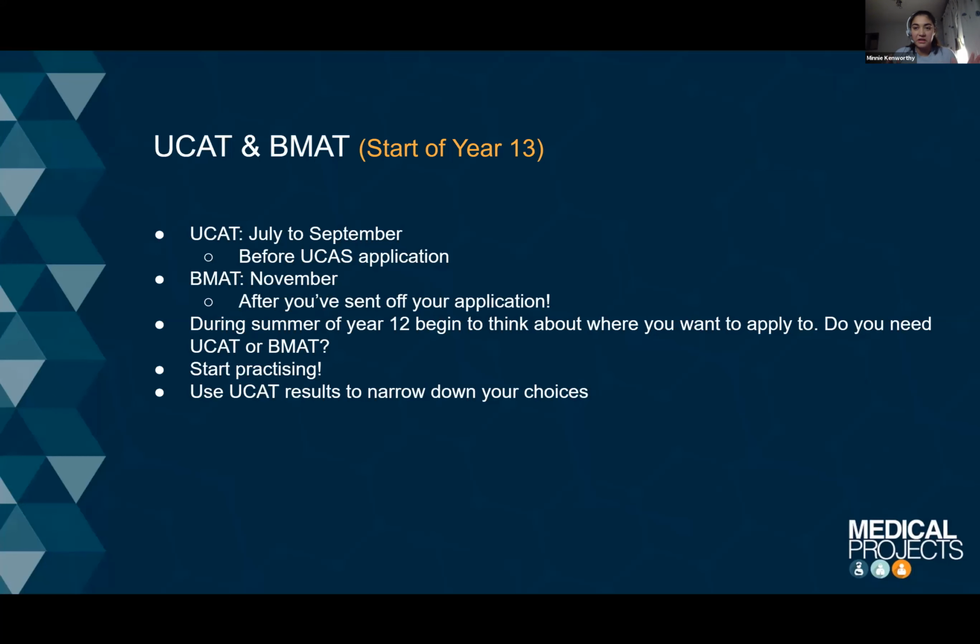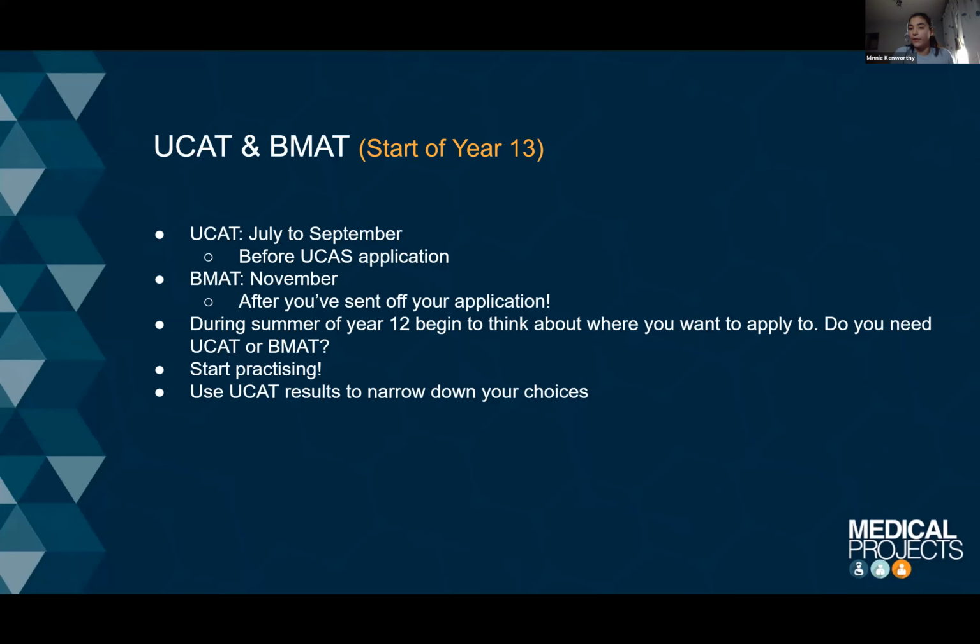So see which medical schools accept which exam, and which exam you need for each. The thing to think about as well is that UCAT, it used to be called UKCAT, which is why I'm probably going to call it that, you do before you send off your UCAS application, whereas the BMAT you'll do after. So with the UCAT, you know your result.